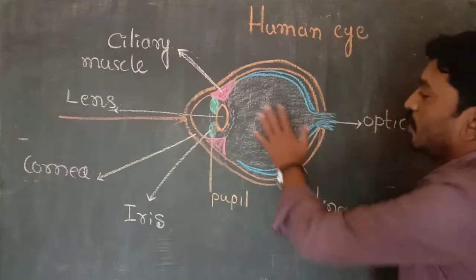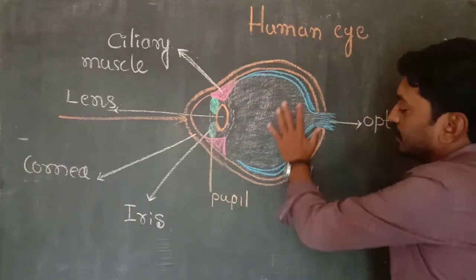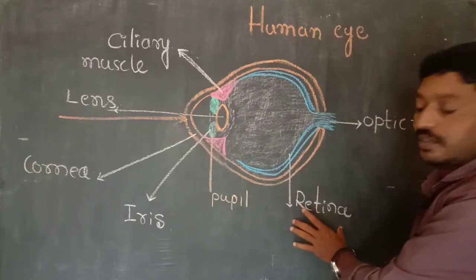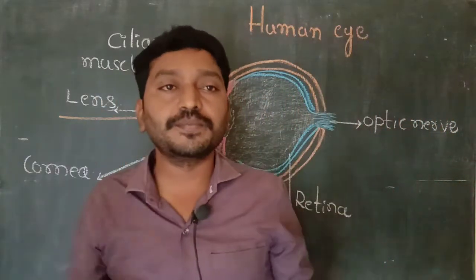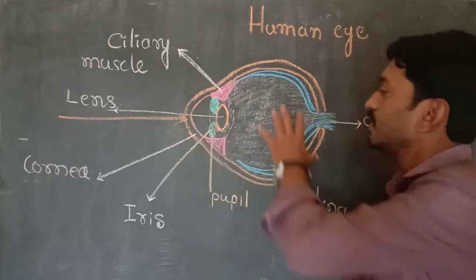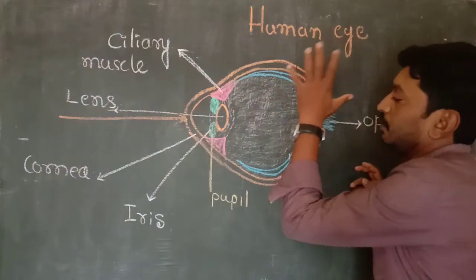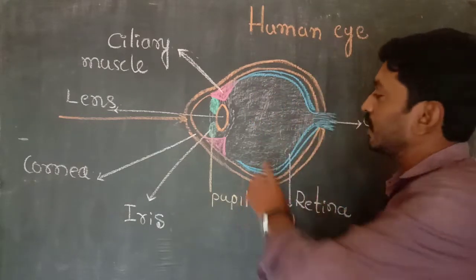And next, one more important part is the retina. What is the retina? The retina is like a screen. It is a very important screen, because the image is completely formed on the retina.